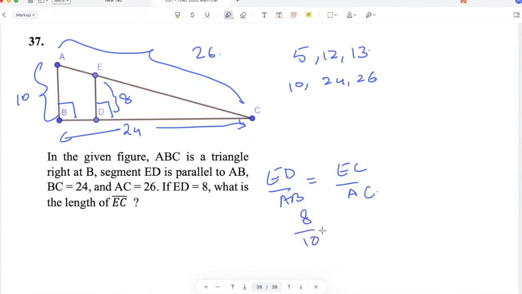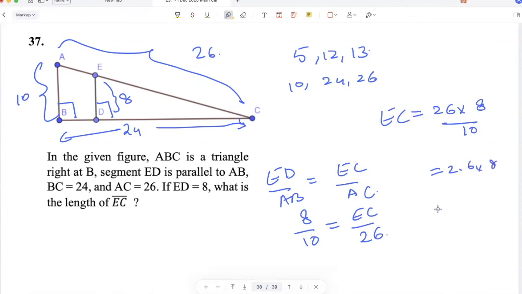So 8 by 10 is EC by 26, right? So EC is 26 into 8 by 10, which is 2.6 into 8, which is 8 into 6, 48, carry 4, 8 2s are 16 and 4, 20. So 20.8.